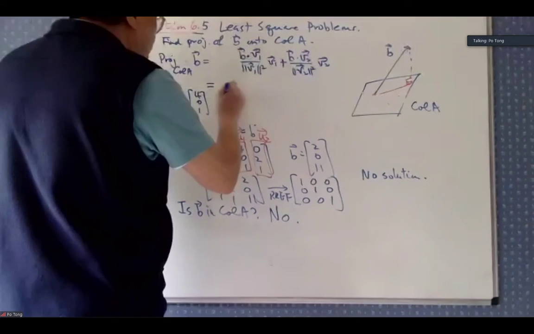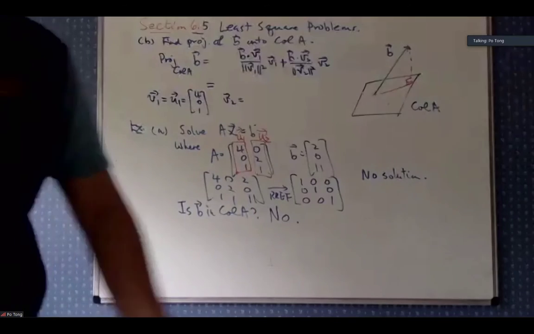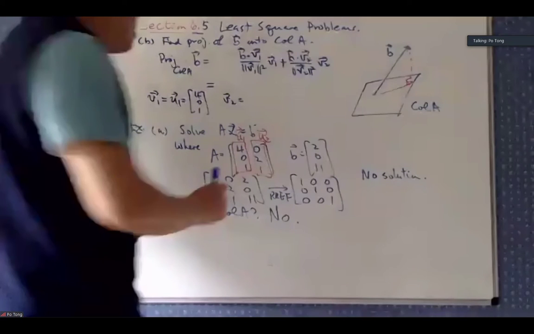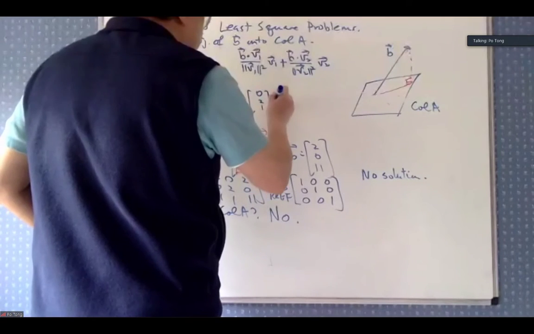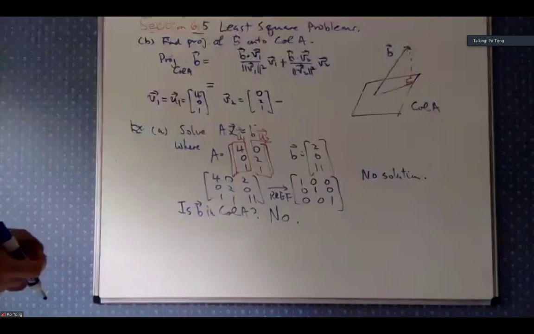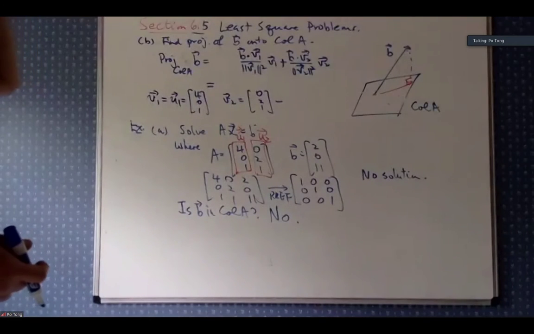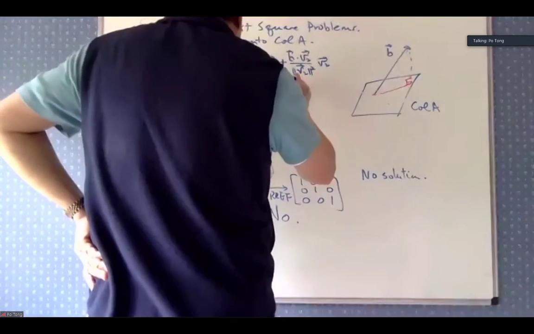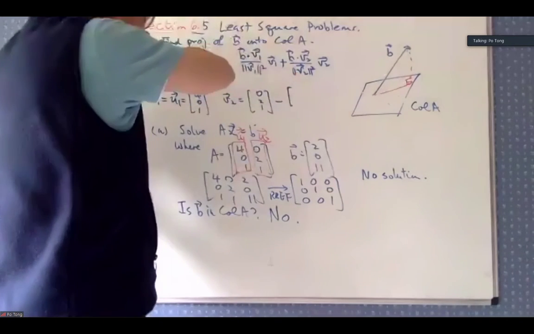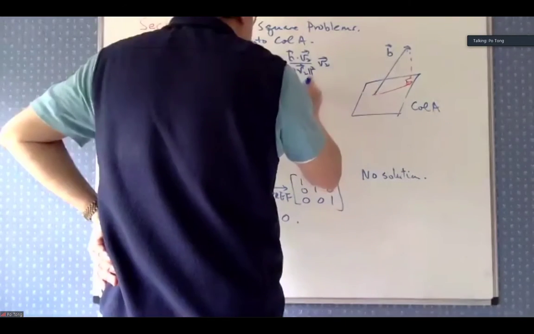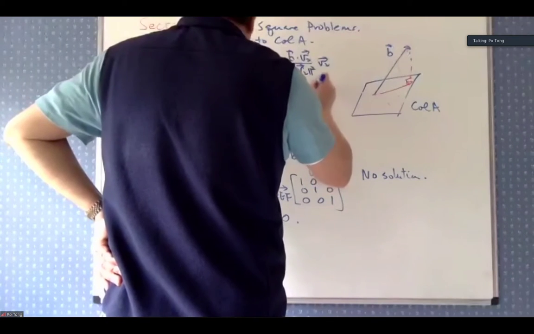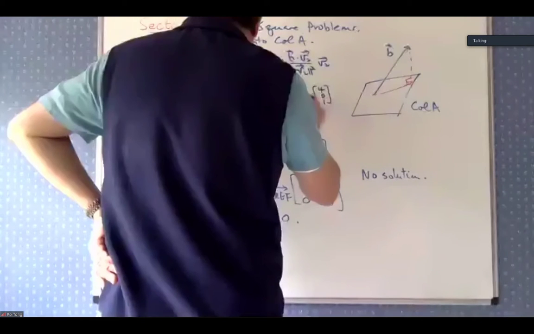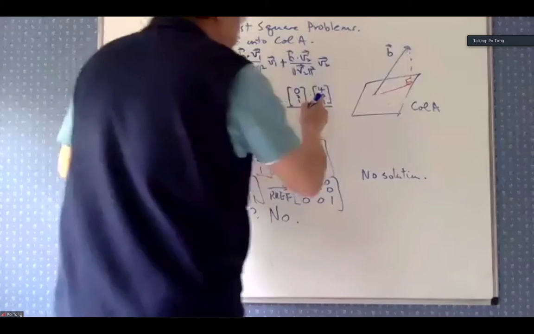My V2 is going to be equal to my U2, which is 0, 2, 1, minus 0, 2, 1 dot 4, 0, 1, divided by the square of the norm of this one. I believe it will be 70.